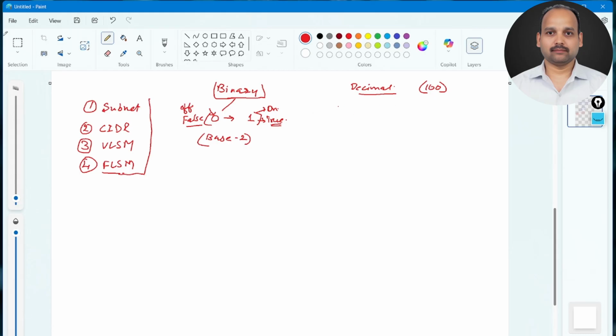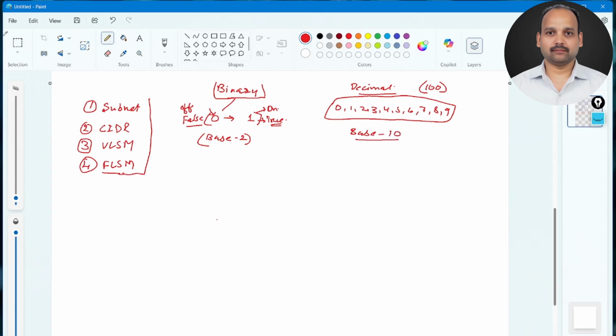In decimal we start from 0, 1, 2, 3, 4, 5, 6, 7, 8 and 9. All numbers we write with these 10 digits. That's why the decimal digit base is 10.